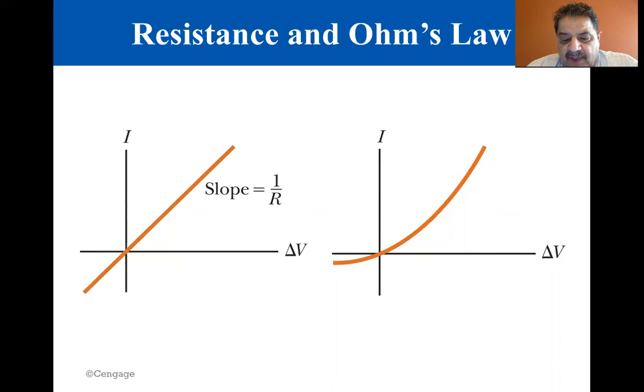Non-ohmic materials have a nonlinear current-voltage relationship, as you can see in the figure on the right. One common semiconducting device that is non-ohmic is a diode, a current element that acts like a one-way valve for current. Its resistance is small for currents in one direction, positive delta V, and large for currents in the reverse direction, negative delta V.